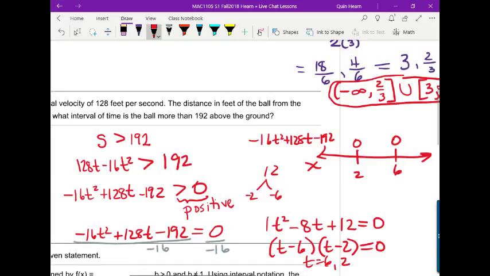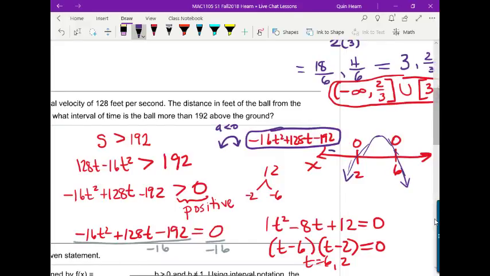And then I'm going to check points in between, or use my knowledge of the graph of this guy. This would be a parabola that opens downward because a is negative. Negative 16 is less than 0. So if I were to draw a graph of this guy, it would be facing in this direction, which means the y values would be negative, and then positive, and then negative.